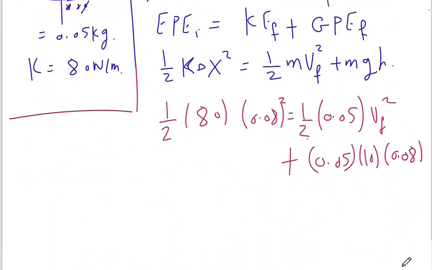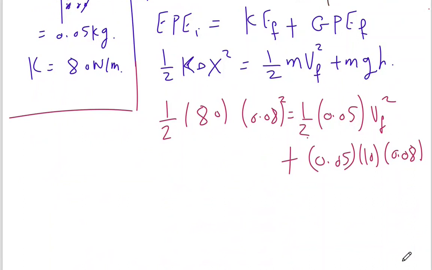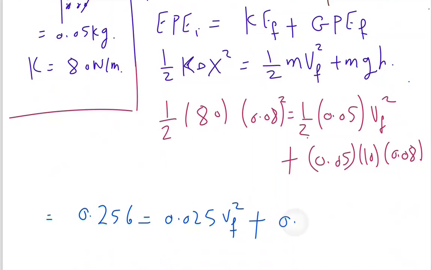Okay, now we're going to use the calculator. Now we'll calculate these values. So I have half times 80 times 0.08 squared. This will equal 0.256, equals 0.05 divided by 2, which is 0.025 v final squared, plus 0.05 times 10 times 0.08, which is 0.04.